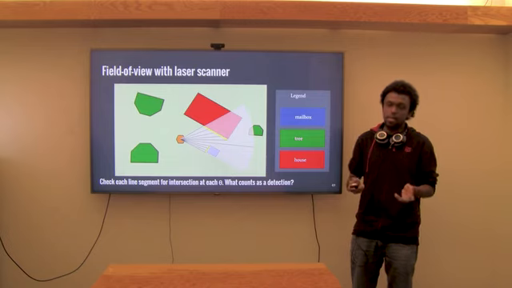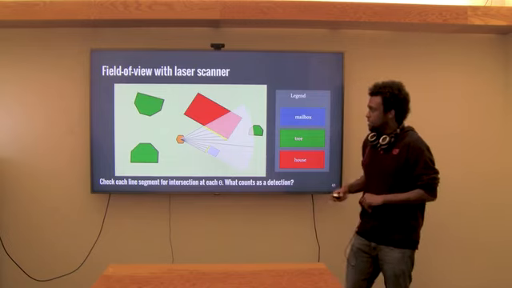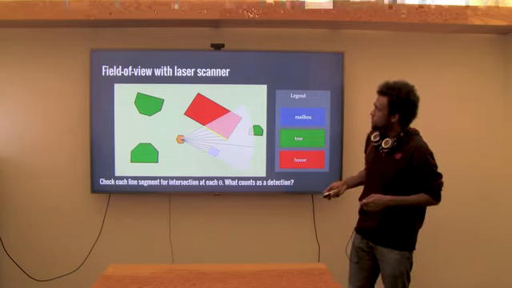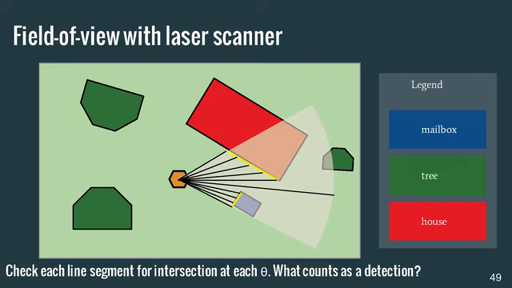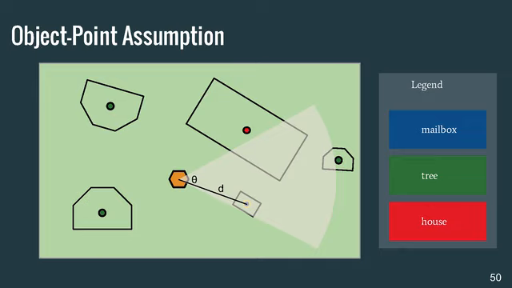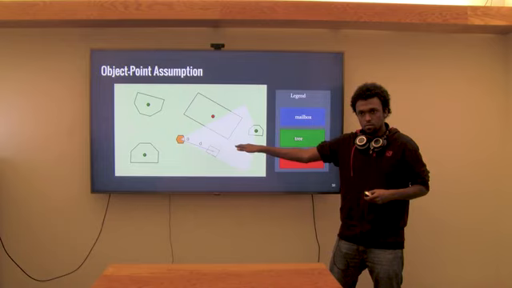As we stated before, there's a lot of choices in observation. It can get really complicated really quickly. So just to impress that upon you, imagine if you used laser scanners when you have 3 objects here, for instance, a house, a couple of trees, and a mailbox. You check each line for an intersection, and then you'd have to figure out what counts as your detection, since you're going to have to differentiate what's in your scene. The problem with that might be that you saw an entire wall, for instance.